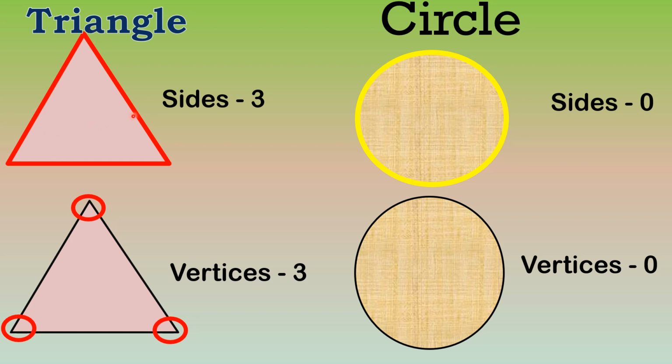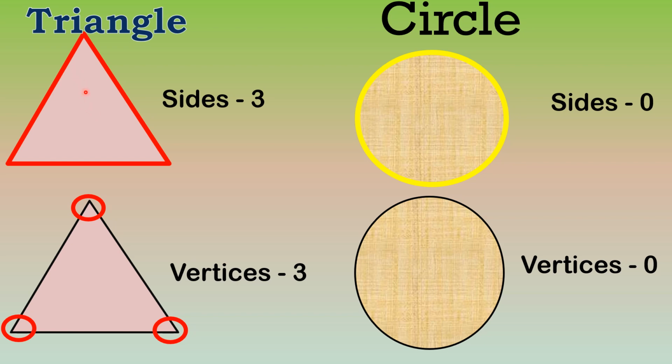This plane figure is called triangle. Can you name some objects which are triangular in shape? Samosa, slice of pizza, and some signboards are triangular in shape. Now let us find out sides and vertices of this plane shape.